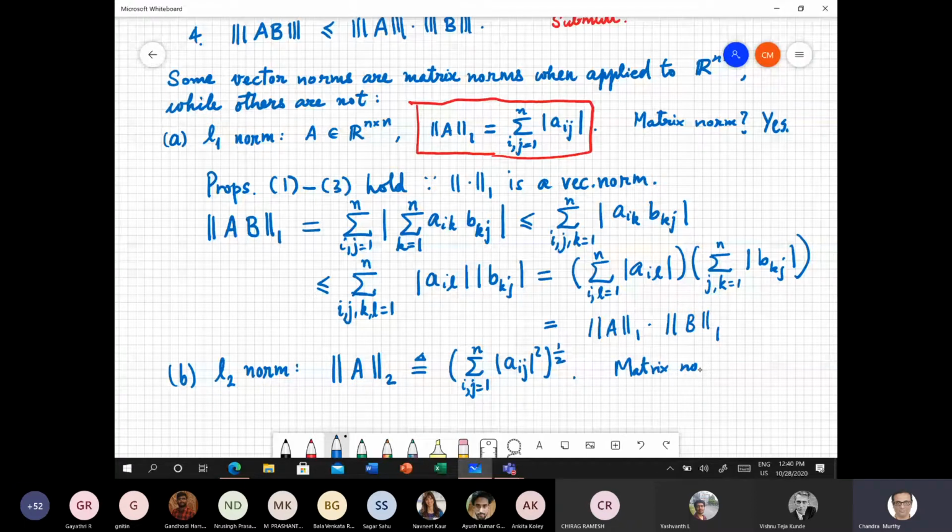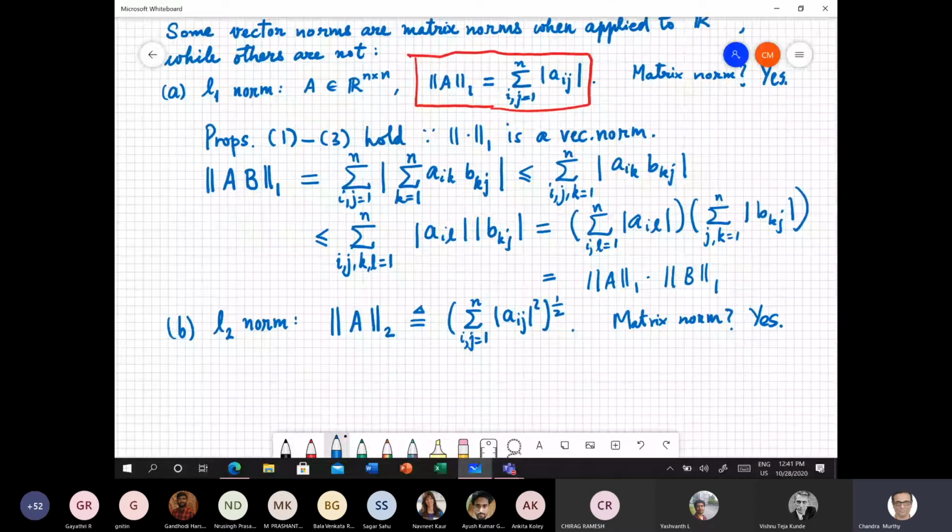Once again, since this is an L2 norm of the vectorized version of the matrix, it will satisfy non-negativity, positivity, homogeneity, and the triangle inequality. The only thing we need to look at is whether it satisfies the submultiplicativity property. Again for this norm, it turns out the answer is yes. So we'll see that very quickly.